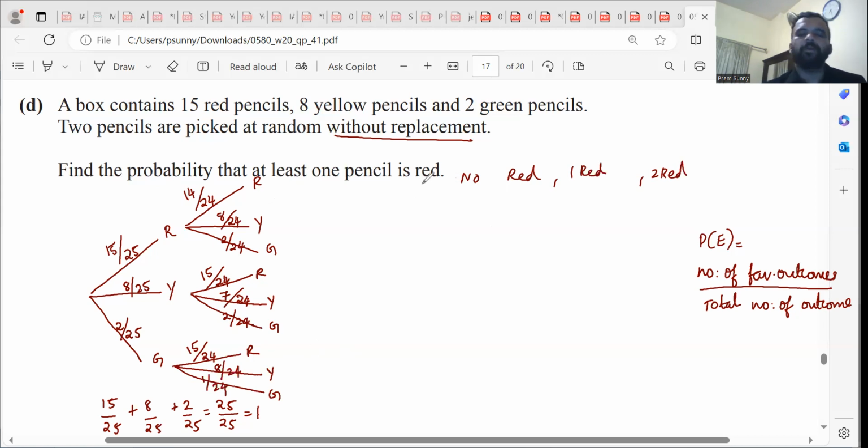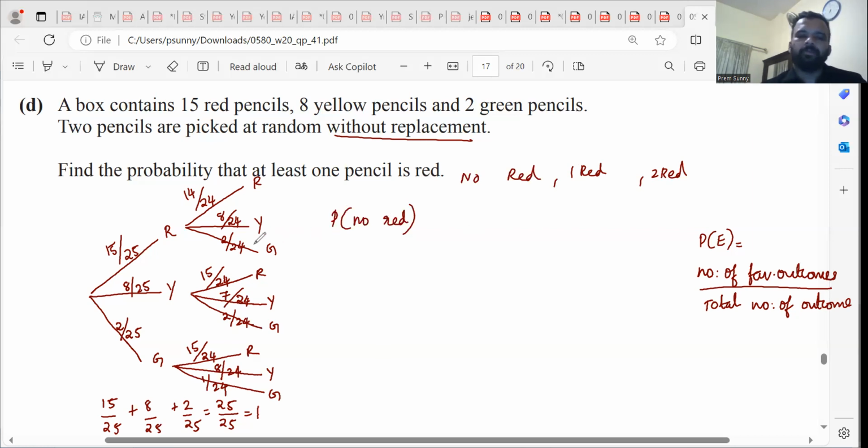So what we are going to do is find the probability of no red, and then from 1 we subtract this value. At least 1 red means it can be either 1 red or 2 reds.